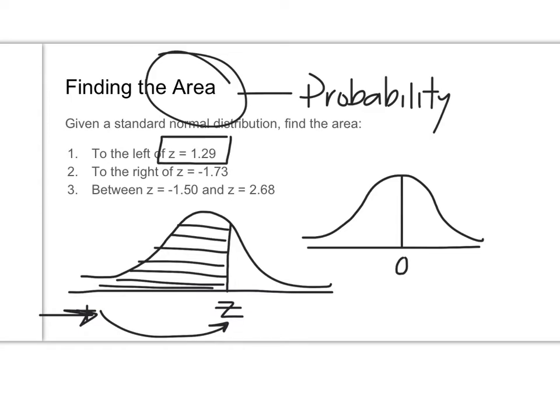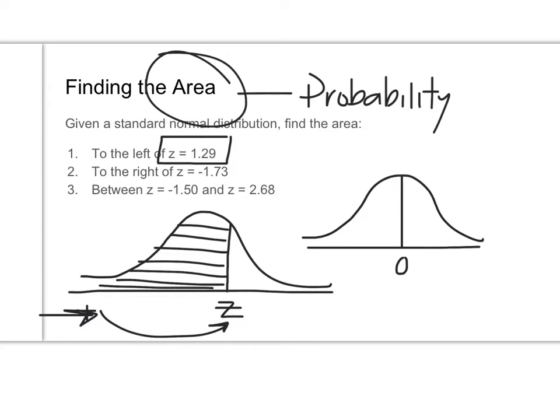Take note, from normal to standard normal, the values will be changed to 0, 1, 2, 3, and all the numbers in between, and then to the left, negative 1, negative 2, negative 3, and all the numbers in between.